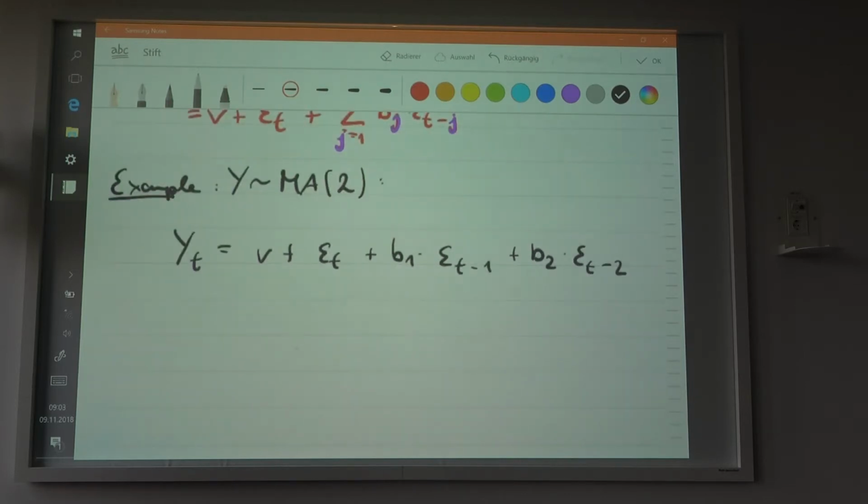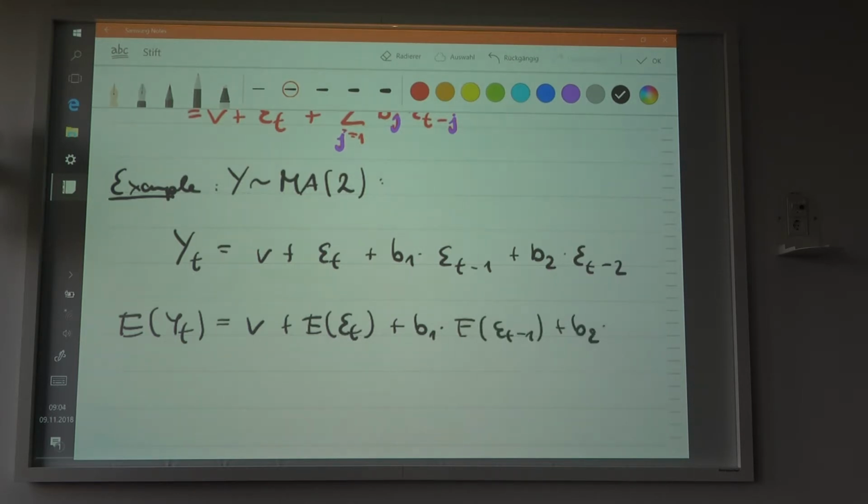Now what we're going to do here is calculate the expectation of the process. You can see that you have a sum here. The expectation of the sum is going to be the sum of the expectations. So this is going to be the expectation of a constant, which is the constant itself, plus b1 times the expectation of the noise, plus b2 times the expectation of the noise here.